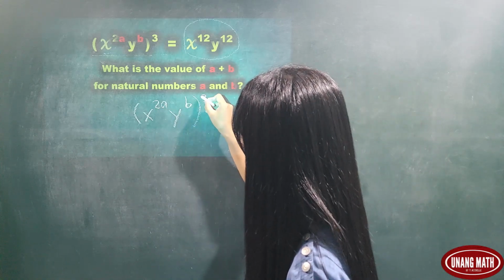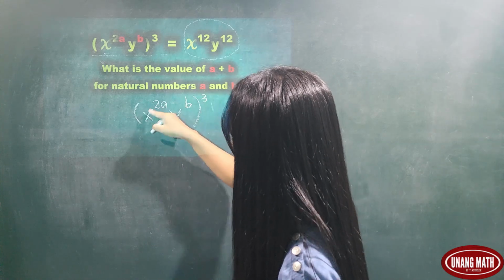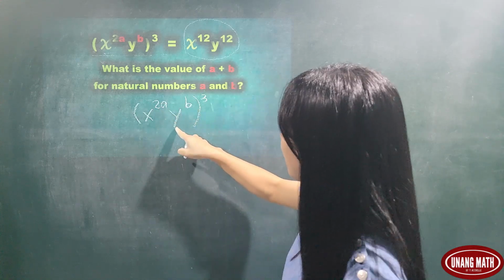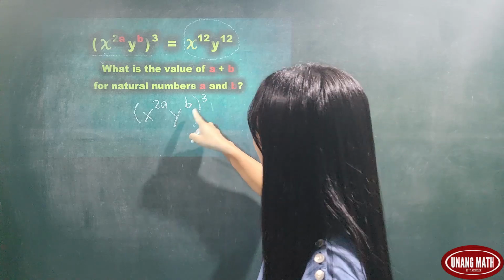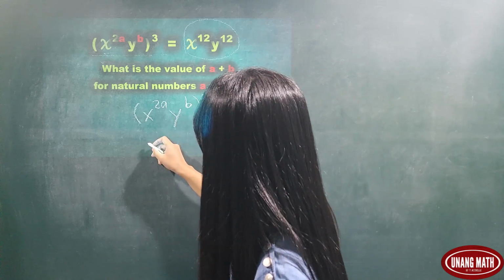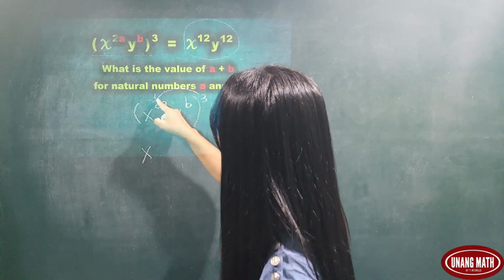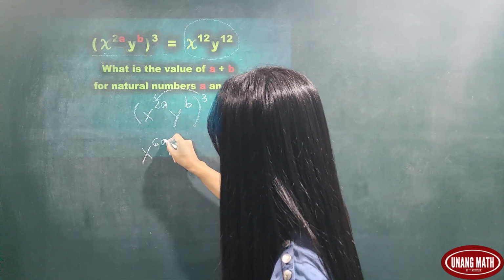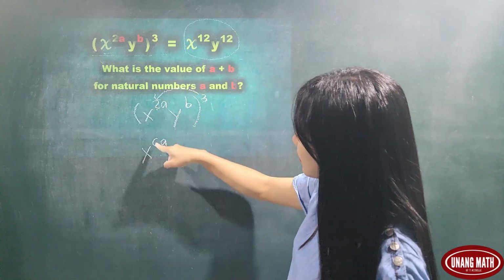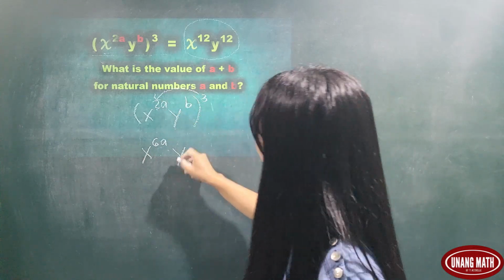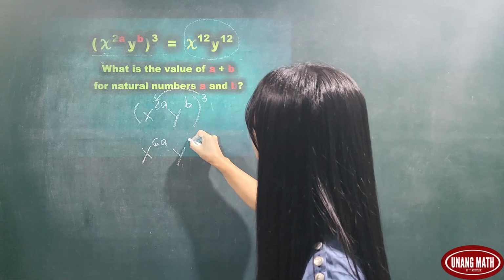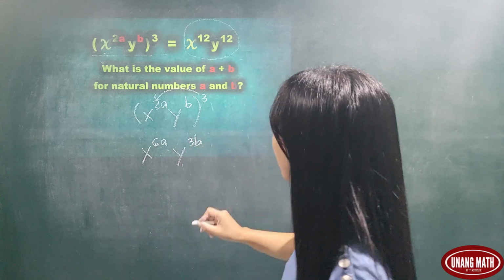If we distribute this exponent to each number inside the parentheses, this is equal to x raised to the power of 6a, because 3 times 2a is 6a, and then y raised to the power of 3b.